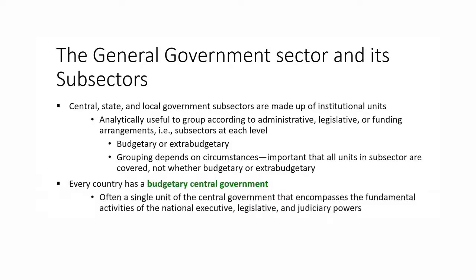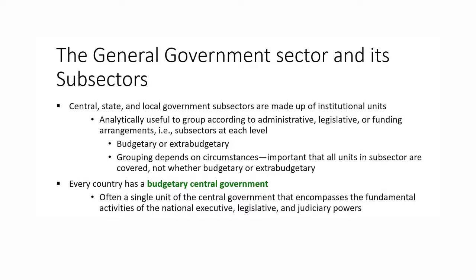Every country has a budgetary central government. This is typical; if it has not, it is not a country. There exists no country without its own central budget. It's often a single unit of the central government that encompasses the fundamental activities of the national executive, legislative and judiciary powers.